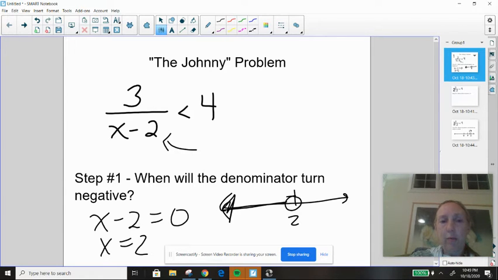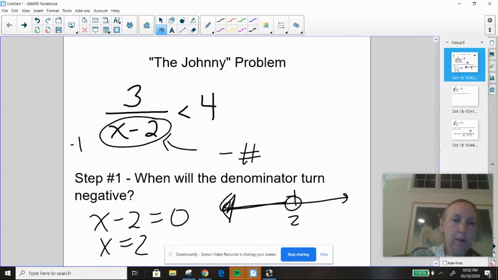The denominator will become a negative number. Well, if this is a negative number, a positive divided by a negative is a negative, which is clearly going to be less than 4. So we know that anytime this fraction turns into a negative number, that we're going to have a negative fraction. A negative number has to be less than 4. So every one of those numbers will make this inequality true.